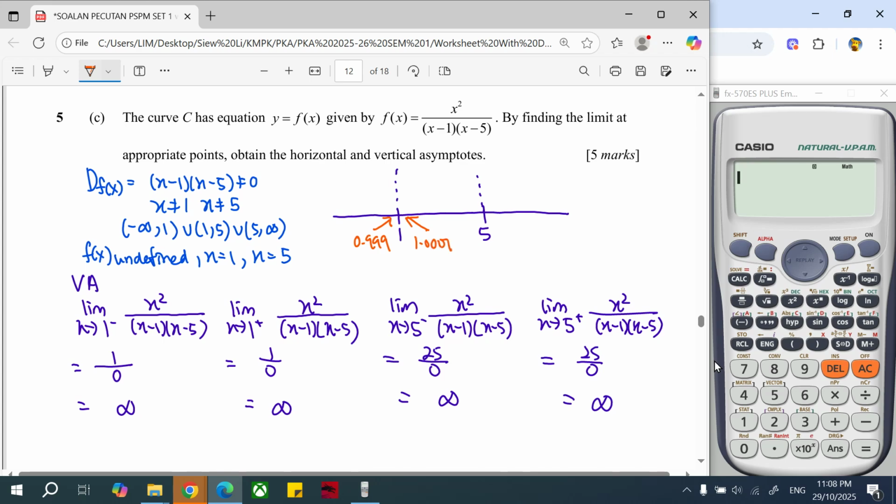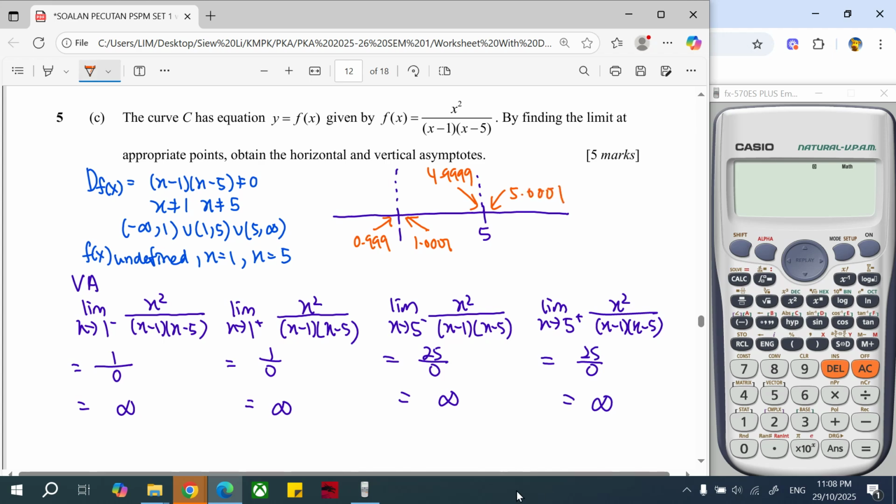You definitely cannot calculate x equals 1 because it is the value that makes your function undefined. You will definitely get a math error. So we can just use limits, calculating values near to it. For x approaches 5 from the left, we will test 4.99999, and when x approaches 5 from the right, we test 5.0001.